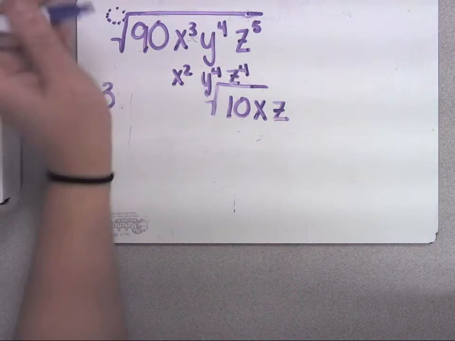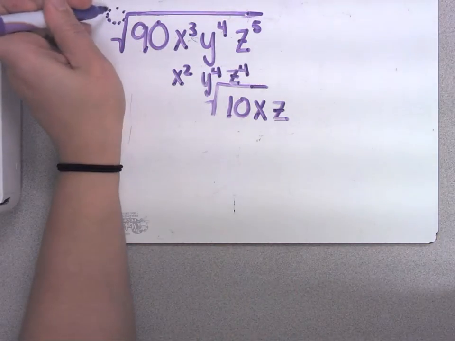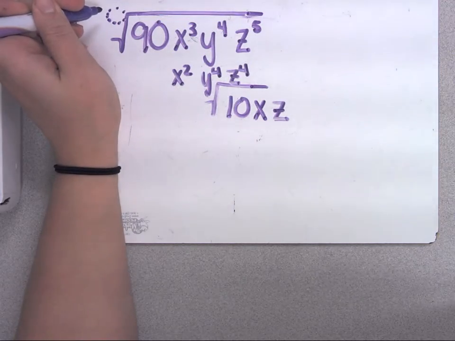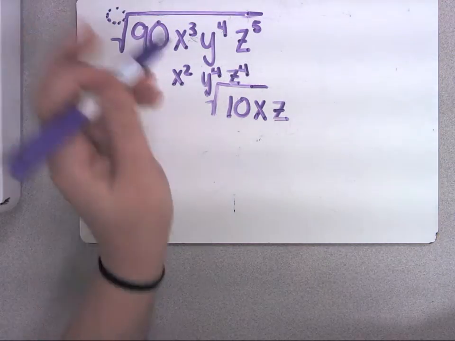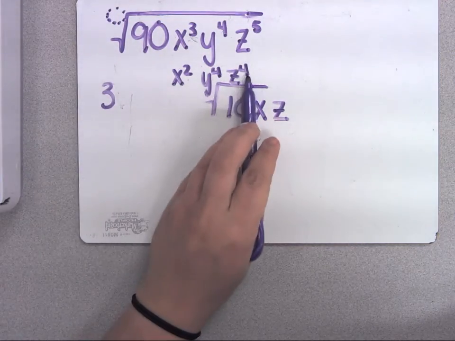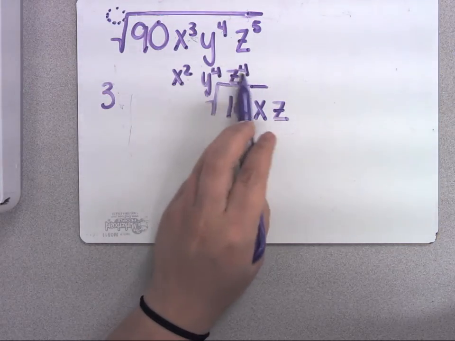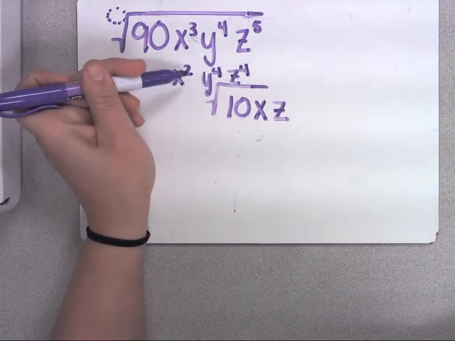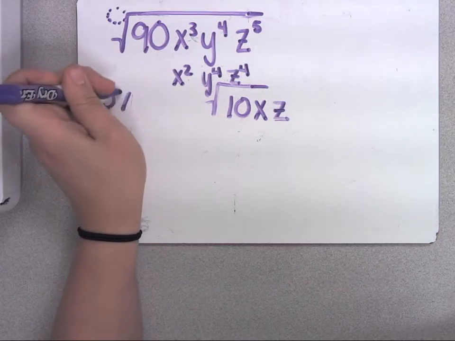Then from there, whatever this number is here, right now it's 2, but yours is going to change later, okay? You take this number and you divide their exponents. Whatever that division is, it goes on the outside. So 2 divided by 2 is 1x.